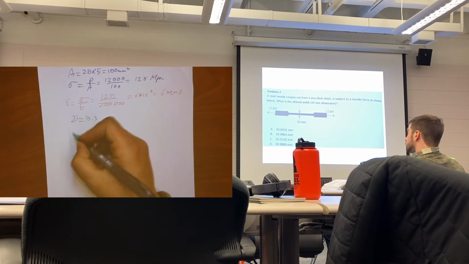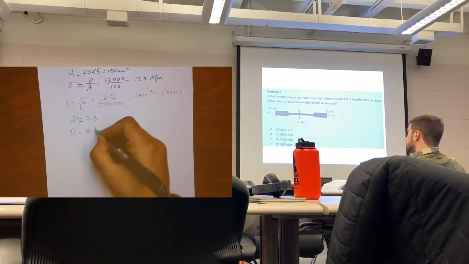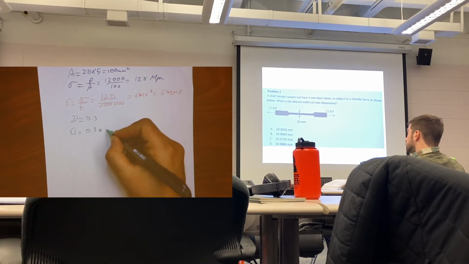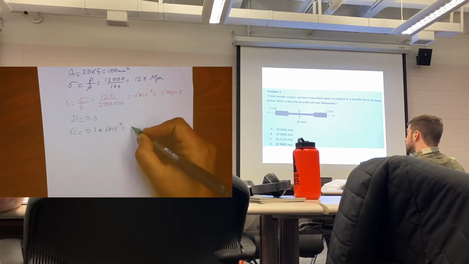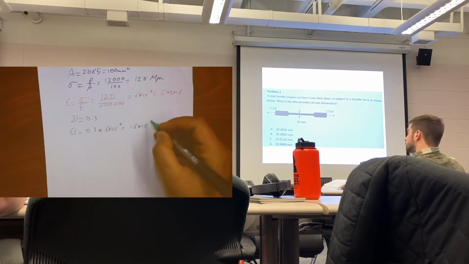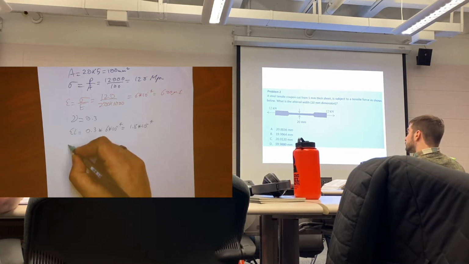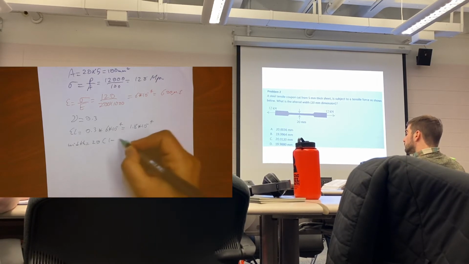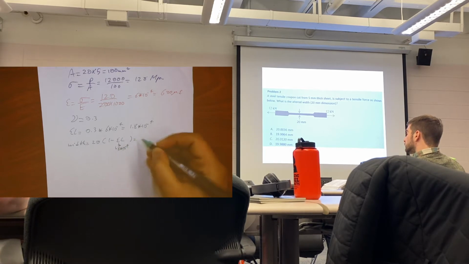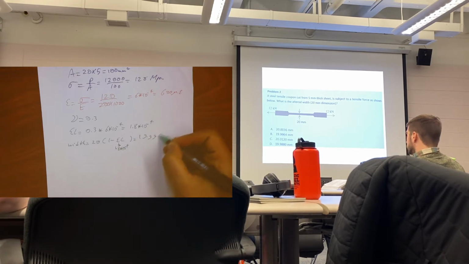So basically, epsilon lateral is 0.3 times 6 times 10 to the power negative 4. So it is 1.8 times 10 to the power negative 4. Your new width is 20 times 1 minus epsilon lateral, 1.8 times 10 to the power negative 4, which will be equal to 19.9964.